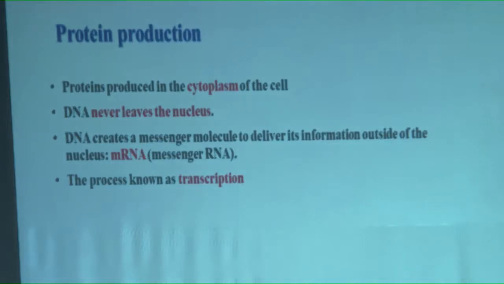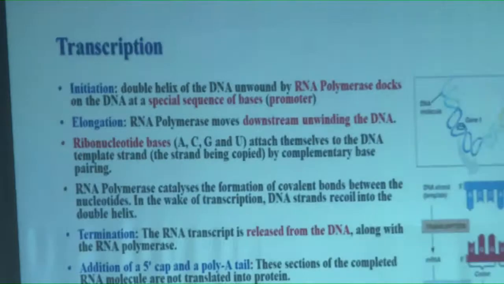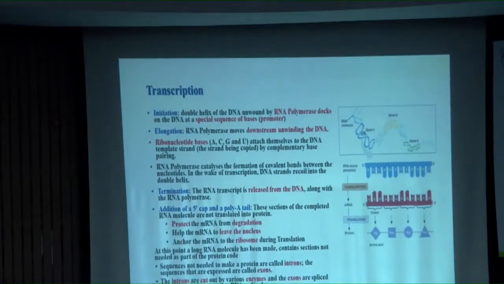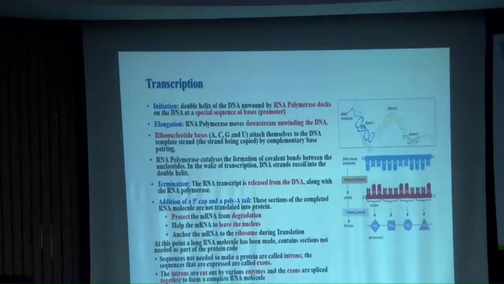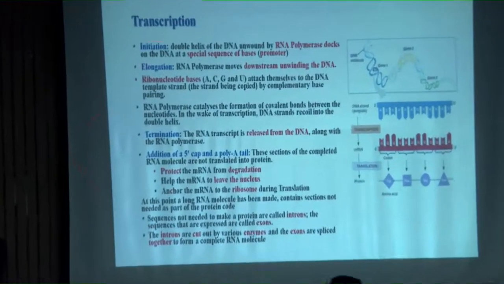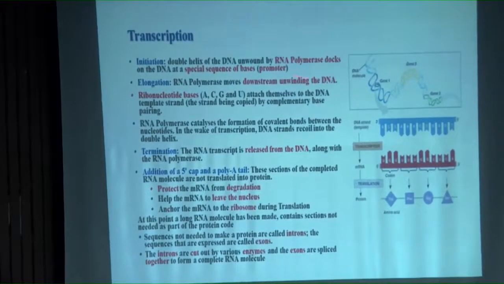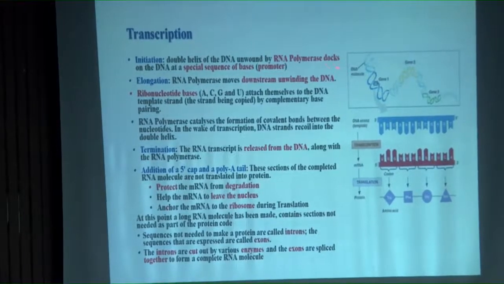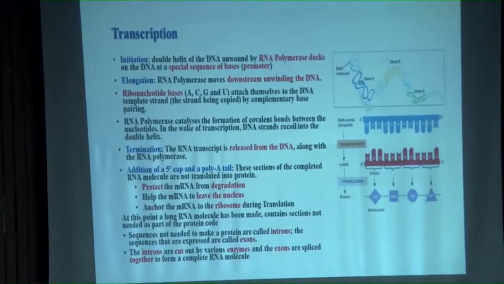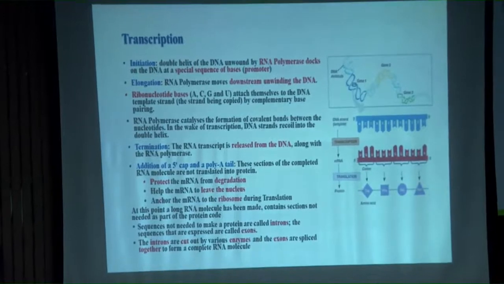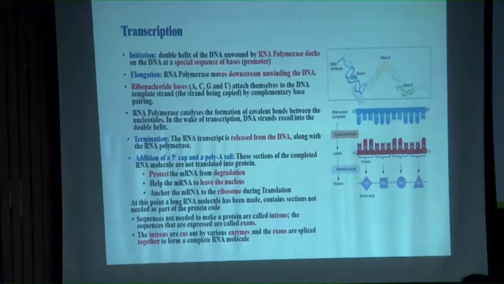This phase is known as transcription, and an mRNA is formed to complete the transcription process. What are the steps of transcription? The first stage is initiation, which is done by the RNA polymerase that docks on the start codon region or promoter region.